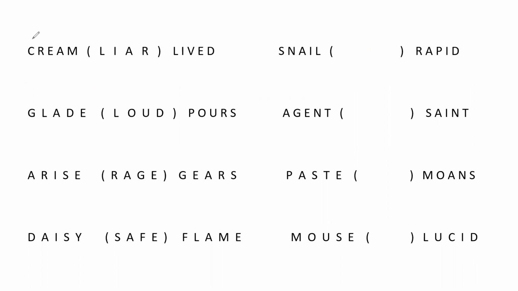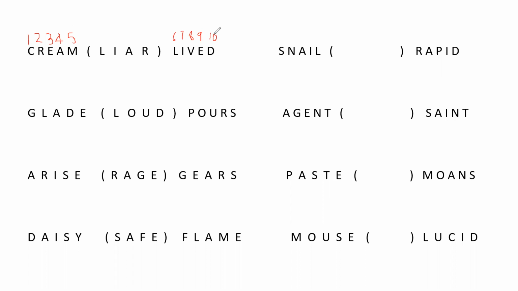So what I mean is that's number 1, that's number 2, that's number 3, that's number 4, and that's number 5. Then that's number 6, that's number 7, that's number 8, that's number 9, and that's number 10.